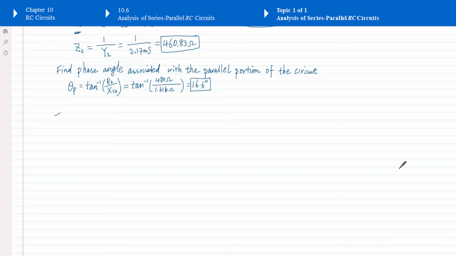Now we need to find the series equivalent values for the parallel portion.